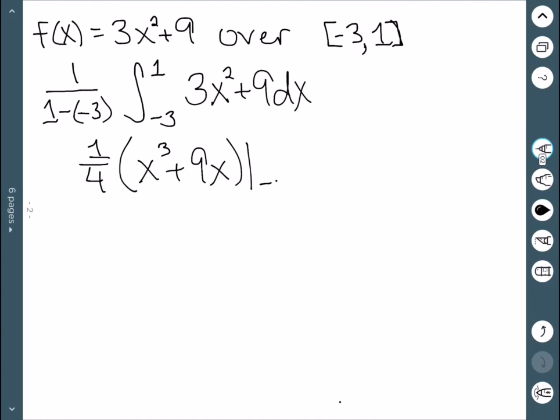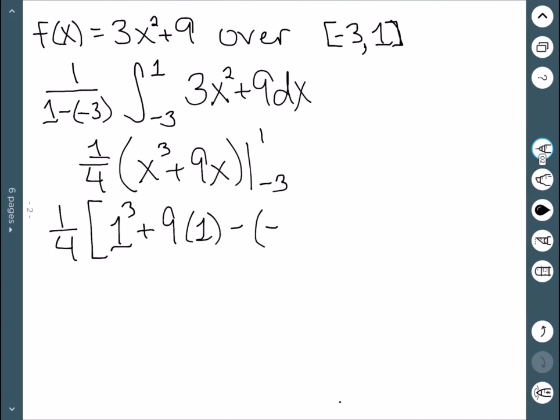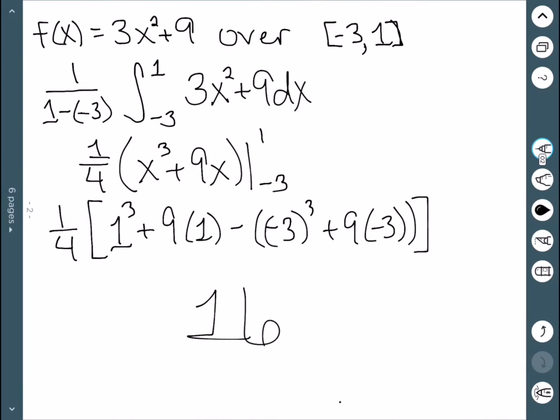And this should be evaluated between negative 3 and 1. So I have 1/4 times 1 cubed plus 9 times 1 minus negative 3 cubed plus 9 times negative 3. And when you work this out, you get 16.